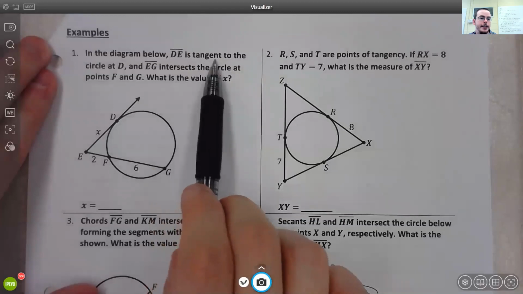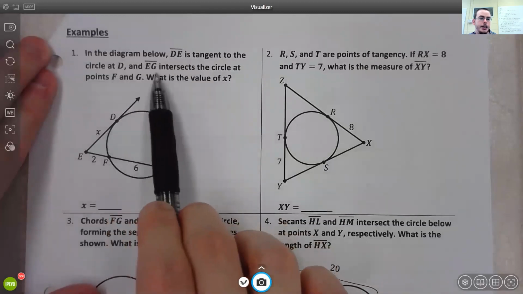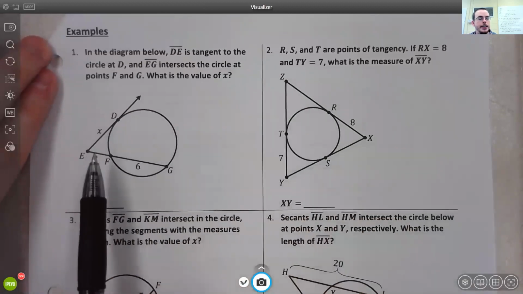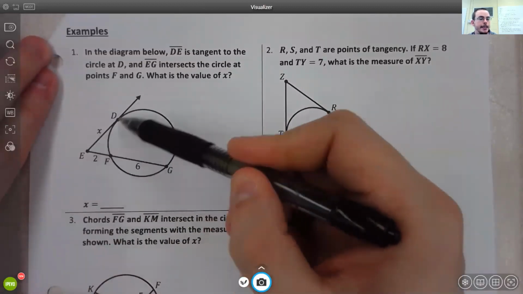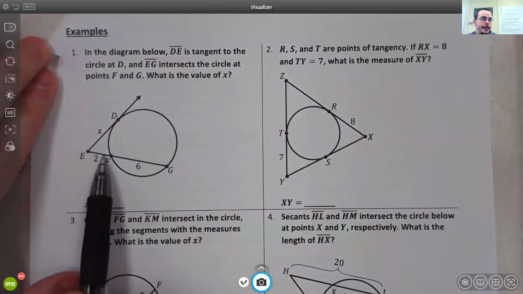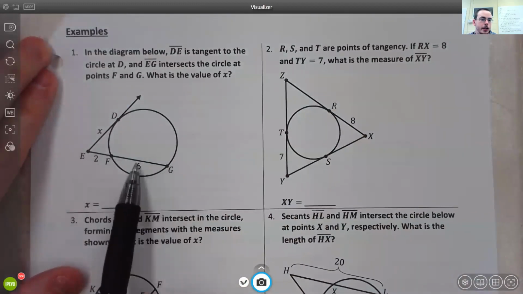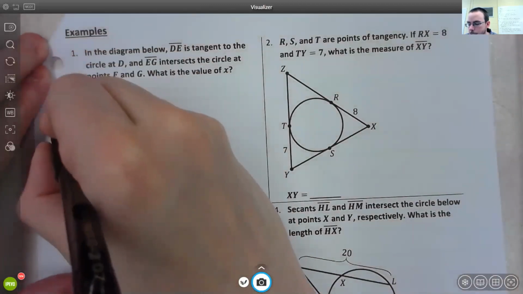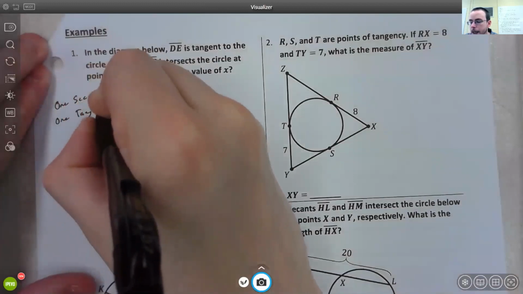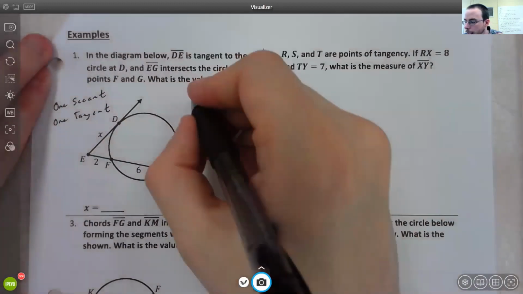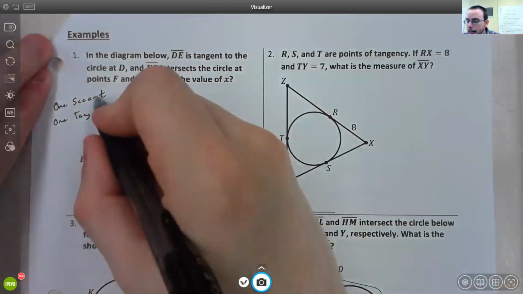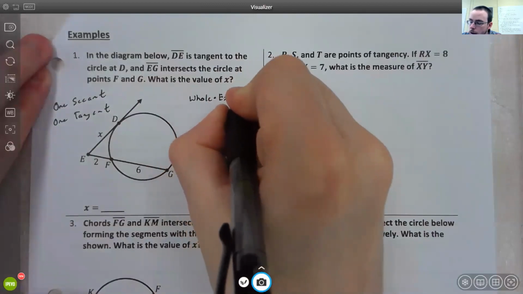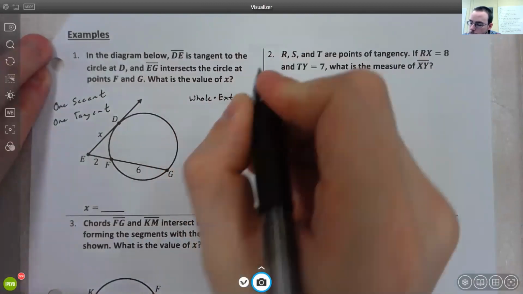Now, it says DE is tangent to the circle at D, and EG intersects the circle at points F and G. So if you look here, we see that we have a tangent, ED, and we have a secant, EG. So we have one secant, one tangent, and so if we have that, then we are going to use the case with that, which is whole times external part equals tangent squared.